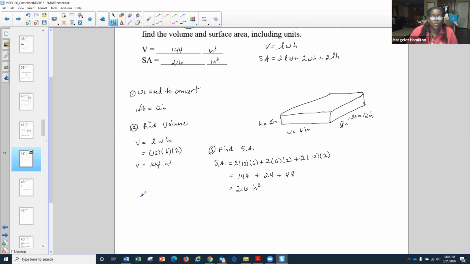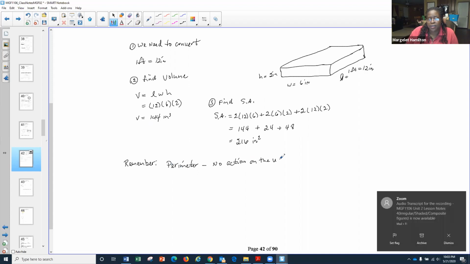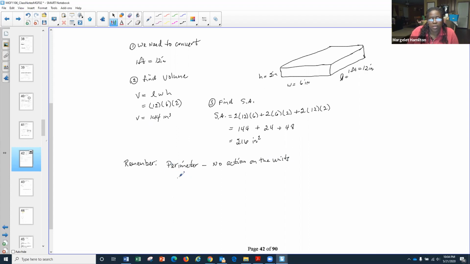So when we're working through our problems, remember, this will go good on a flashcard if you're using flashcards to study. Perimeter, no action on the units. Area, anything.